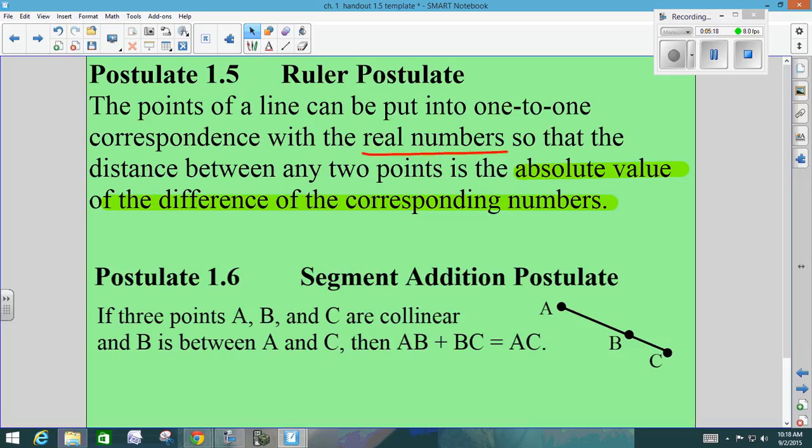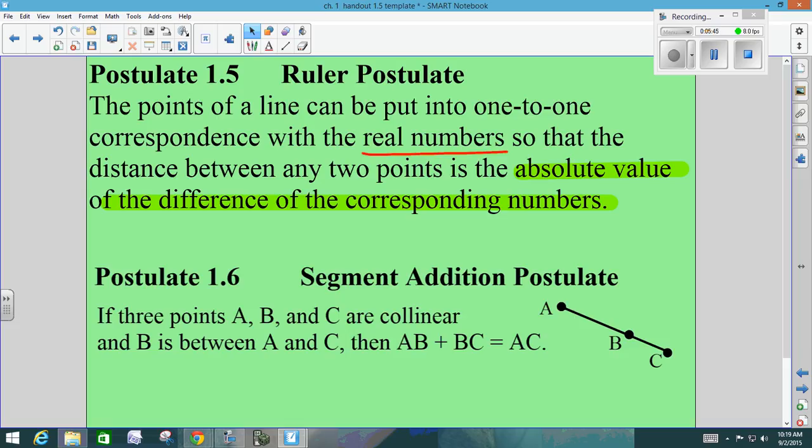Well, where is C located? How about M? And the difference between -3 and 7? It's -10. -3 minus 7 more is -10. What's the absolute value? 10. So what's the length of the distance from C to M? 10. Good. Okay, ruler postulate. You can put them on a number line, and then you can find their distance.